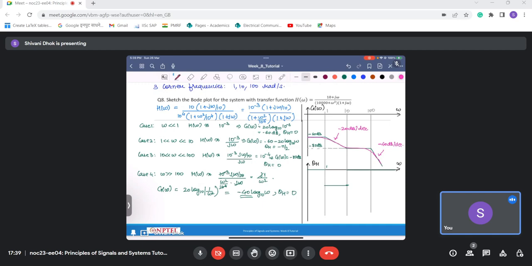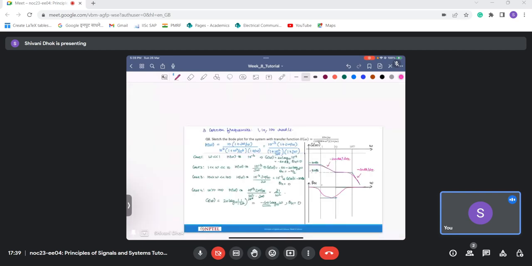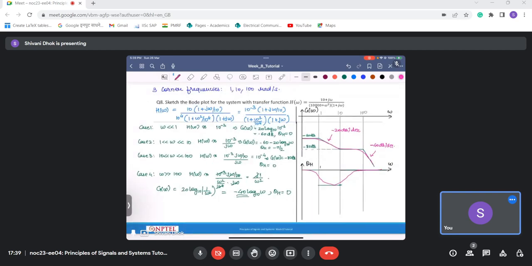So basically it will look something like this. I hope this part is clear to everyone. So this was all about the Bode plot examples that I wanted to cover today.